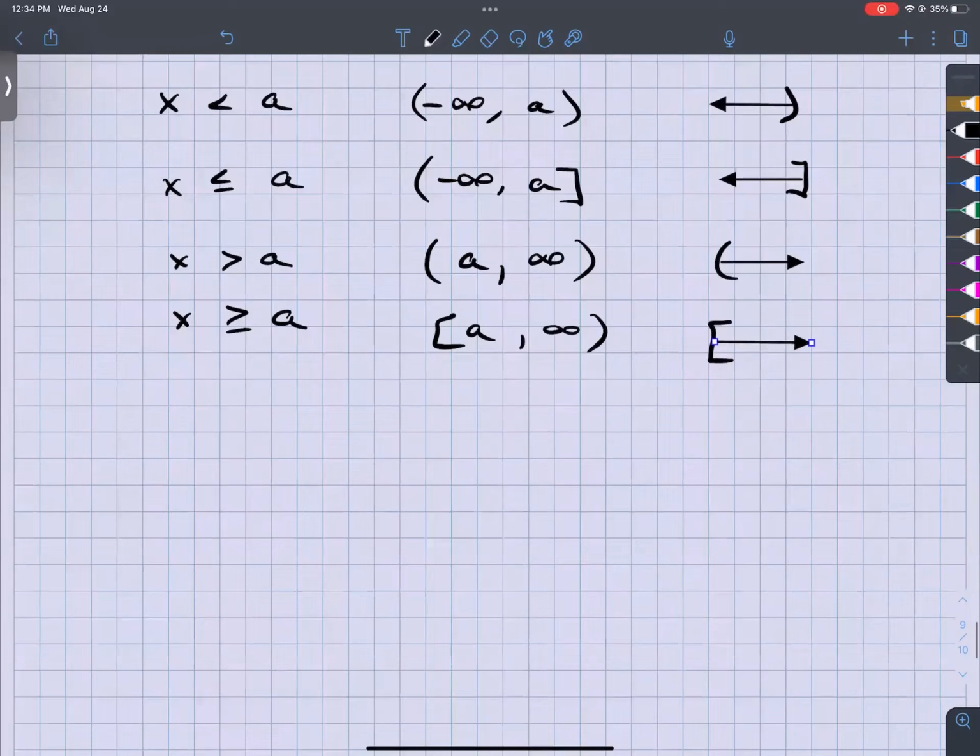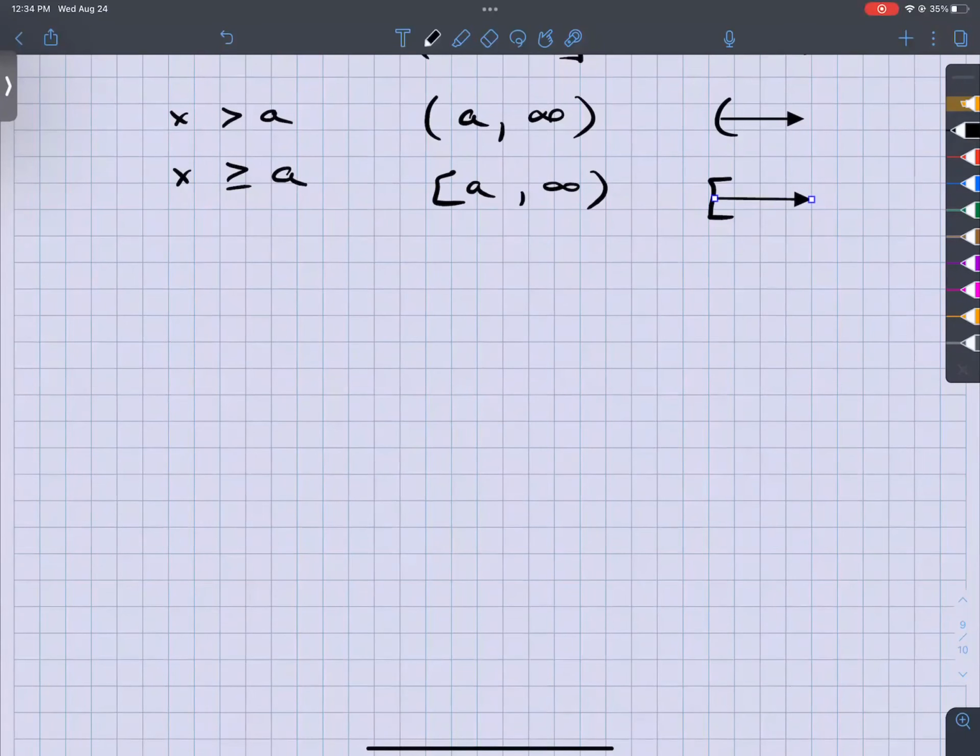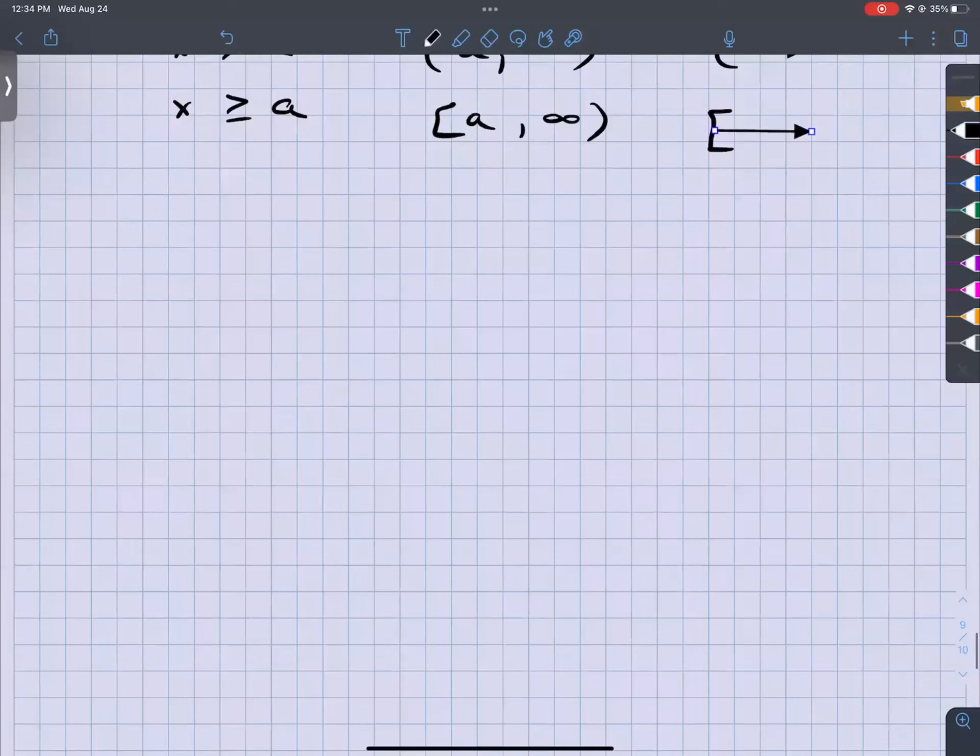All right. So, what if I had these inequalities? How would I solve?